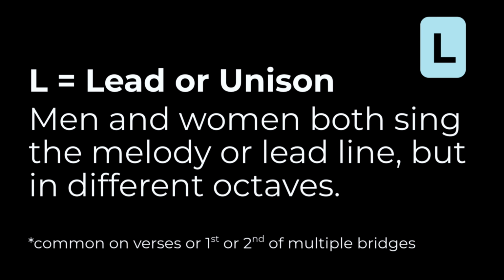Lead or unison is usually used for verses or the first or second bridge in a multiple bridge, and the hand signal for lead is L. An example of this would be Amazing Grace in the key of D. The ladies would sing Amazing Grace, and the men would sing the same thing but an octave lower.